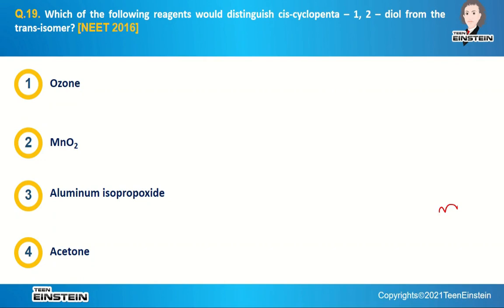Which of the following reagents would distinguish cis-cyclopentane-1,2-diol from the trans isomer? So here, this is cis-cyclopentane-1,2-diol.